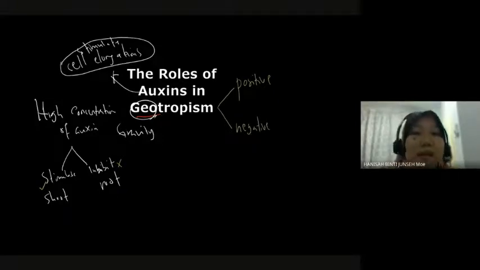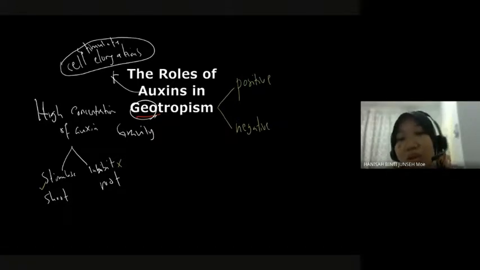When we say positive geotropism, meaning that the plant grows towards ataupun follows the gravity force. Tapi kalau cakap negative geotropism, the plant shows a response where they're moving away from the gravity force.